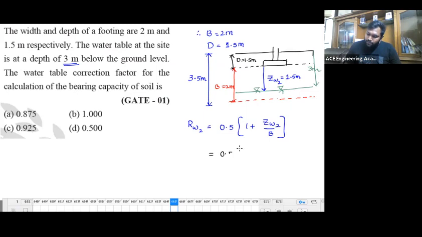So 0.5 into (1 plus 1.5 by 2). You have a calculator, right? 1.5 by 2 is nothing but 0.75. 1.75 into 0.5 comes as 0.875.